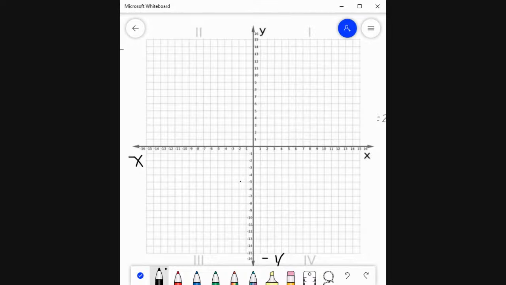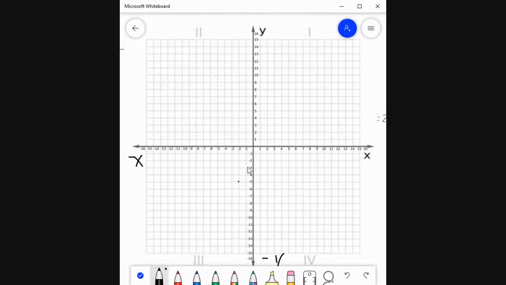So -2 and 5, that goes here. -2. Or better yet, let me try it like this. Yeah, let's try it with the mouse.